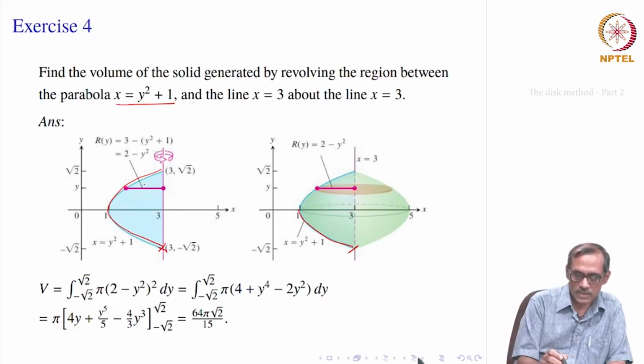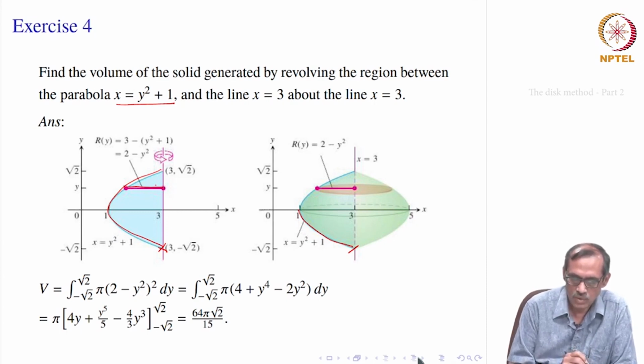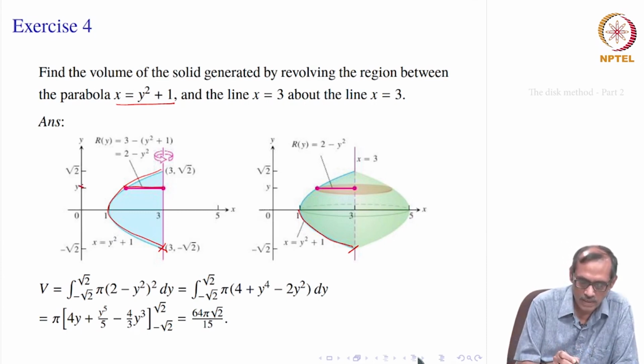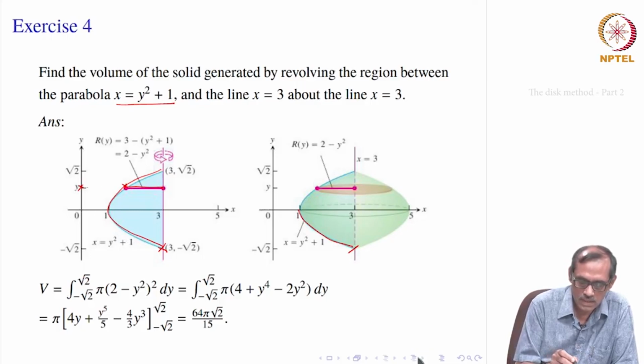Now, you should get the radius. What is that radius? At any point y, the curve is x equal to y square plus 1, so this length is y square plus 1, but this is the line x equal to 3.